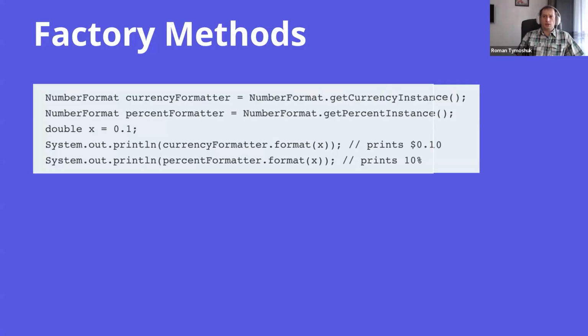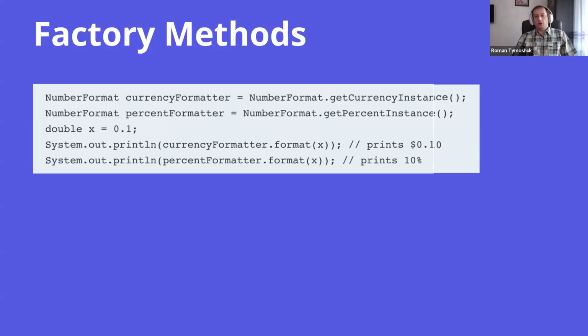Just imagine a situation where you have quite a complex way of creating your object with a constructor, and it's based on a set of constants. Usually it makes sense to organize this in a better way and provide a factory method in a static context, which can create this object inside of it.